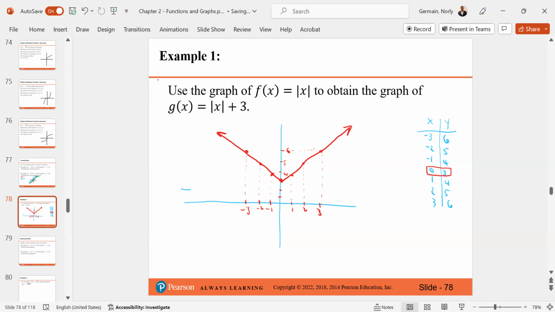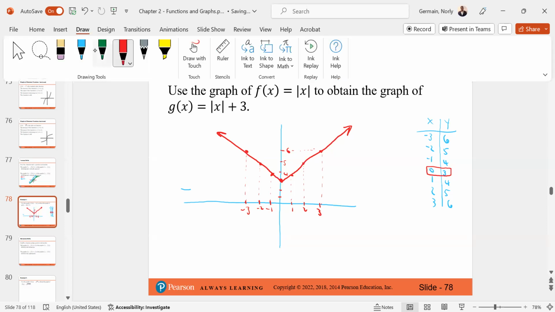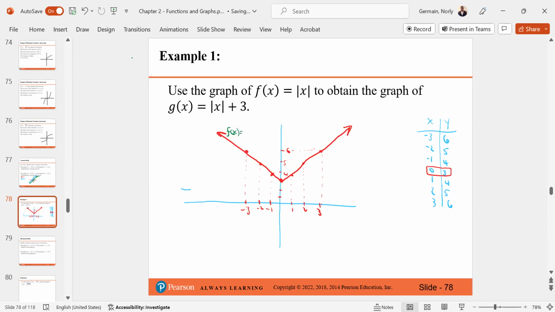Now, for horizontal shift, you see we shift, because if you graph only the one right here, f of x equals absolute value of x plus 3. In this case, if you were graphing only f of x equals absolute value of x, you know the vertex would be at the origin, because when x is 0, y would be 0.